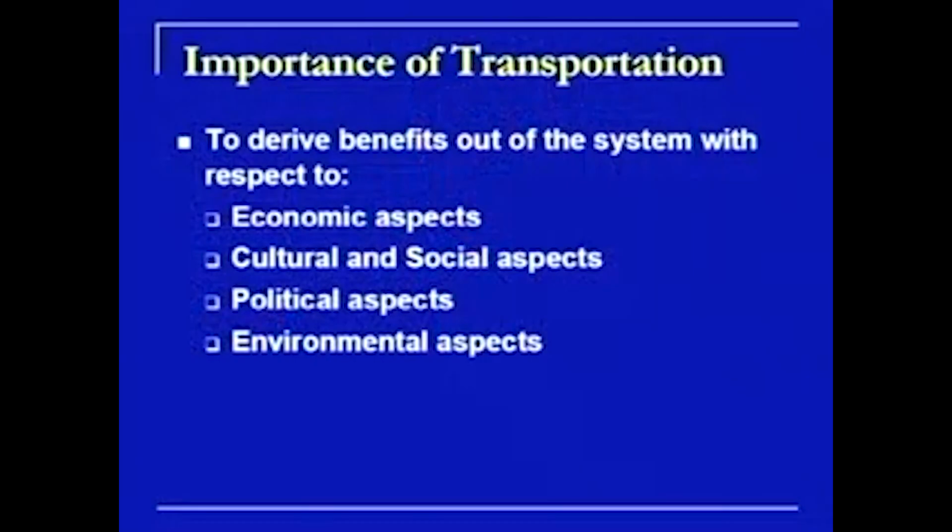Now, if we look at the importance of transportation system, there are different aspects which we can take up. We have to derive out of the system the economic aspects, the cultural and social aspects, the political aspects and the environmental aspects. In the case of economic aspects, we have to look at the various utilities which have been provided by the provision of that transportation system.